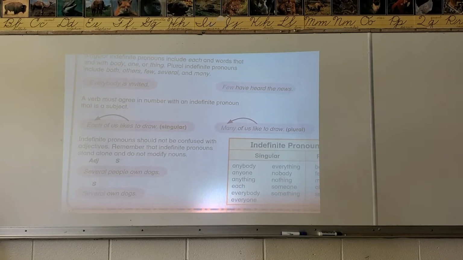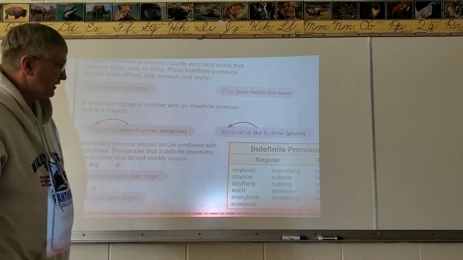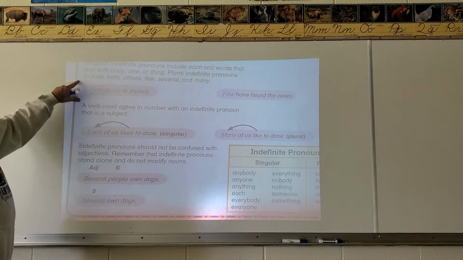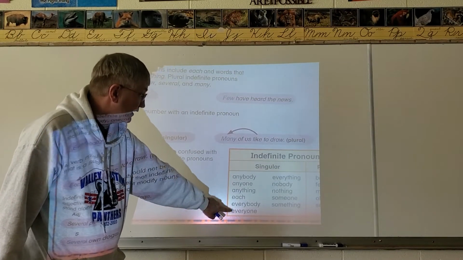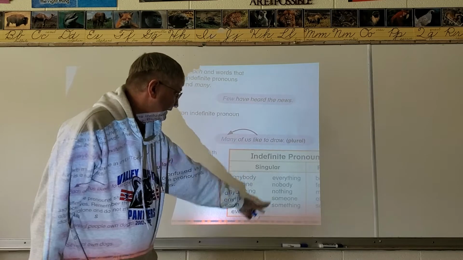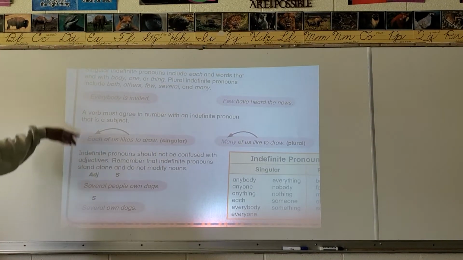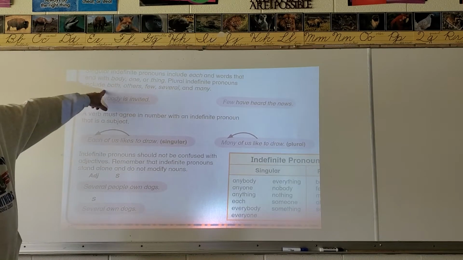There we go. Singular indefinite pronouns include each. So if you take a look, each is singular, and words that end with body. Look at them all: anybody, everybody, nobody. Those are what you call singular indefinite pronouns.